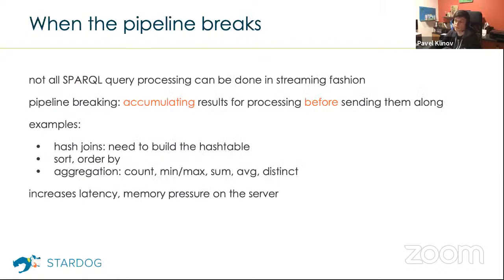That breaks sometimes. Unfortunately, in many cases, you cannot answer the whole query like that for reasons like hash joins. So sometimes data is not sorted the way you want it to be sorted. And then they need to be accumulated in memory, either in a hash table, or it needs to be sorted, or maybe there is an aggregation in the query, which cannot be done in a streaming way or something like that.